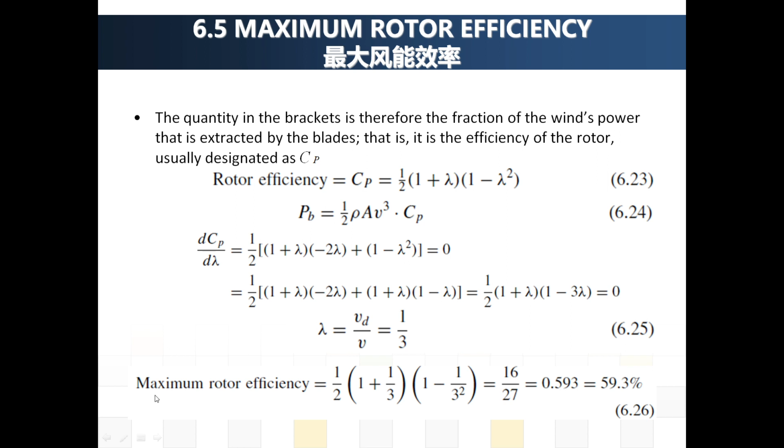At this time, the maximum rotor efficiency Cp will be equal to 1/2 multiplied by (1 plus 1/3) multiplied by (1 minus 1/3 squared), and then we can obtain that the maximum rotor efficiency will be 59.3%.